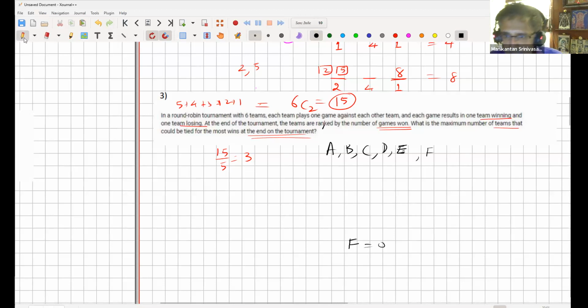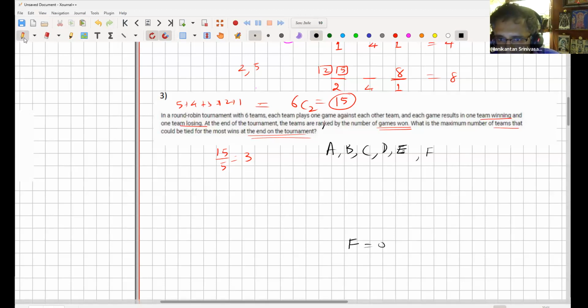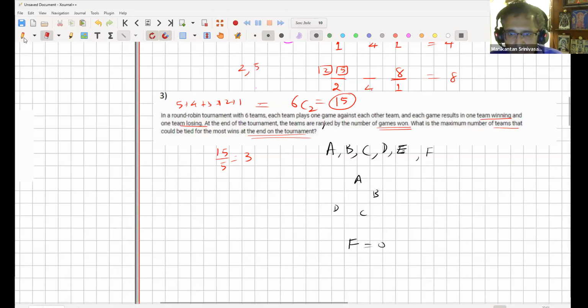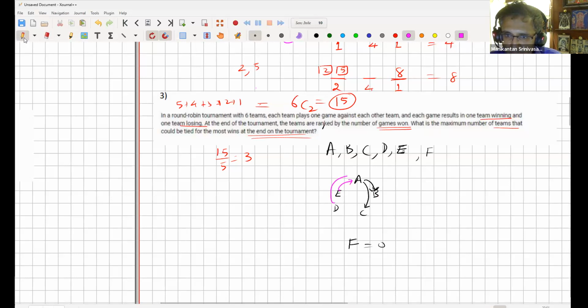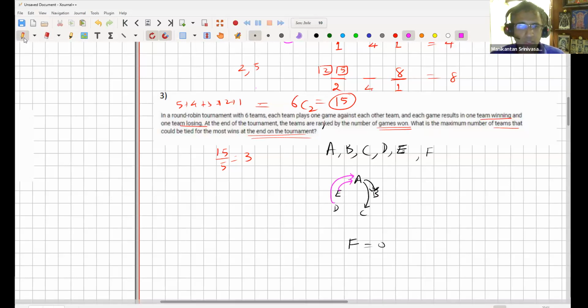So basically it's easy to draw a diagram. Let's say we draw them as a pentagon, A, B, C, D, E. We all agree everyone will defeat F, which is a minnow team. Every team going in the clockwise direction will defeat the 2 neighbors in the clockwise direction, but will lose against the 2 neighbors before it.